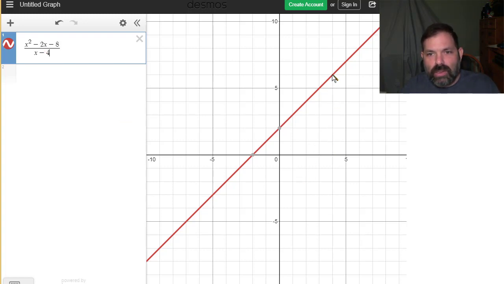Well, it looks like everything's okay at 4, but really, it's not. This graph is slightly incorrect because we know that at x equals 4, this function is undefined. So we've got to be very careful about how programs graph functions. And if you graph this on a graphing calculator, you're probably going to get a similar graph. But really, the graph of this function is a little different.